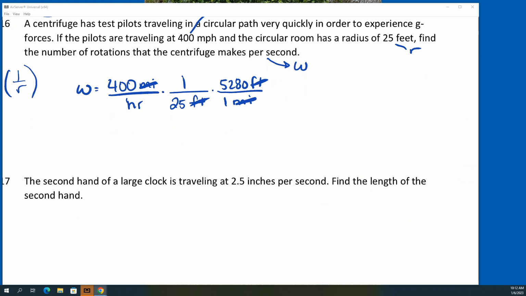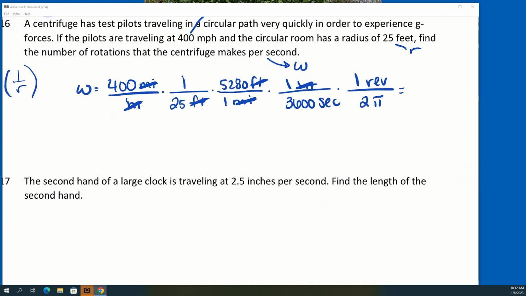All right, and then my time unit, I want to be seconds. And so right now, this is radians per second, and I want to change it to revolutions. So I'm going to insert revolutions on the top. Okay.